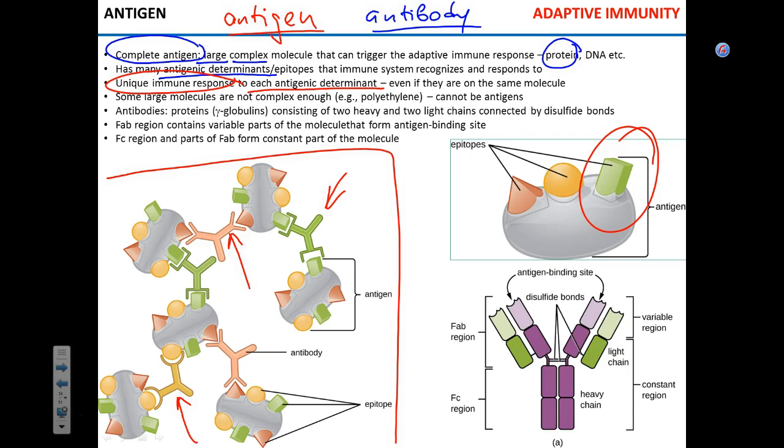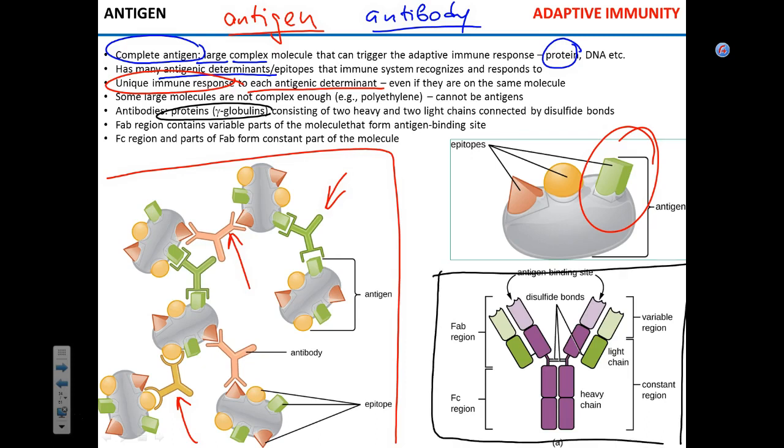Okay, cool. So what are antibodies? They are blood proteins called gamma globulins, and they consist of 4 chains: 2 heavy chains that are identical, and 2 light chains that are identical. So far, we're clear?